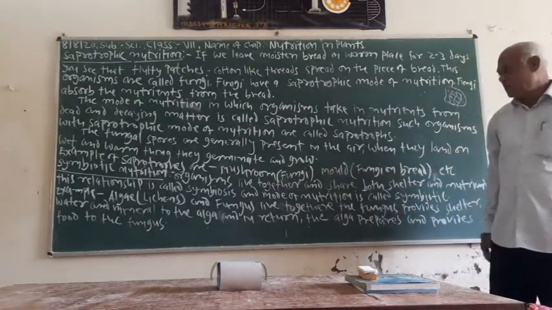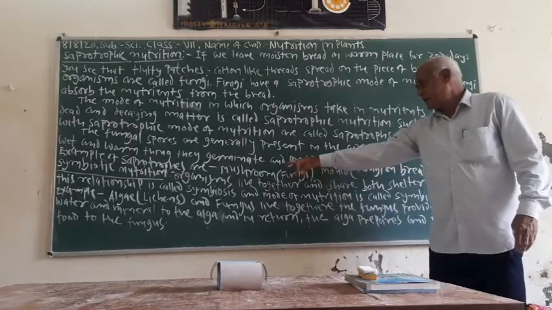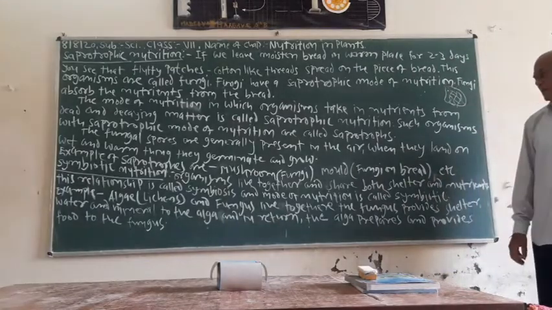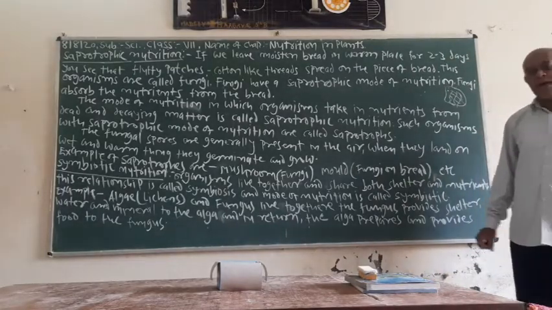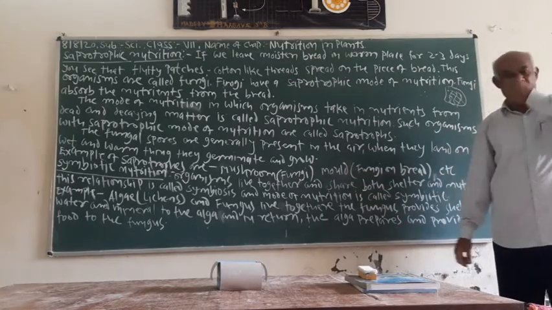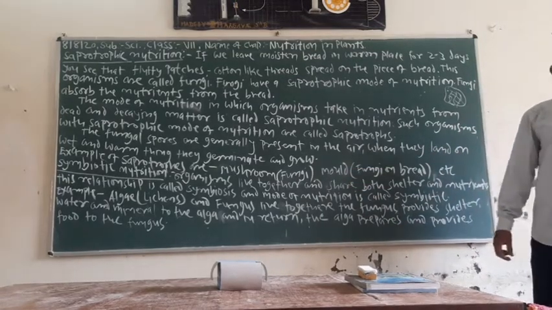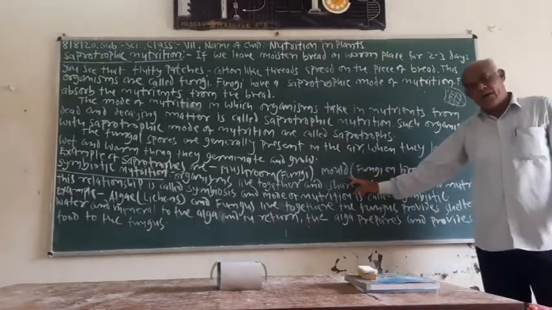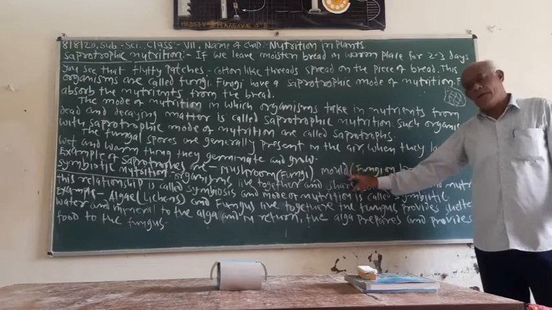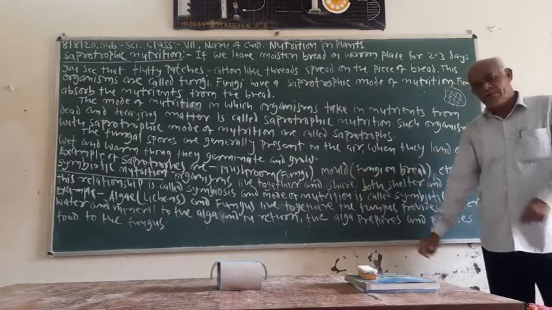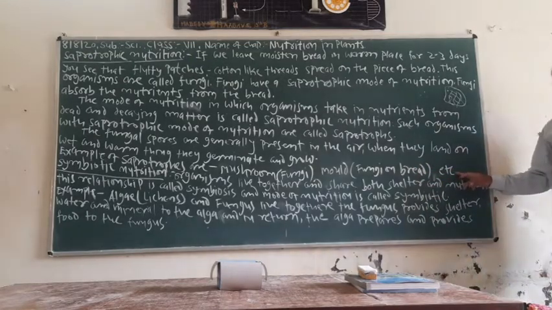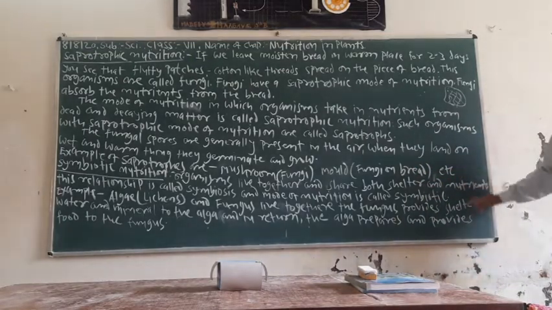So it is also a saprotroph. Another example of saprotrophs is bread mold. The fungi which germinate and grow on bread or a food item are a type of mold. So bread mold, fungi on the bread, is another example of saprotrophs.